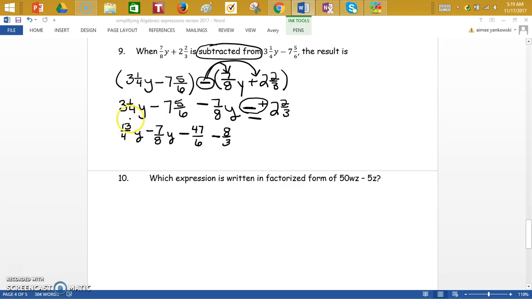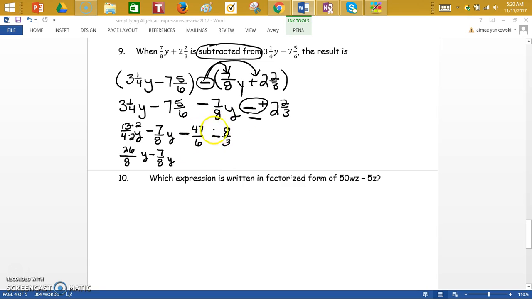So now in order to combine my y's, I have to find a common denominator, which means I'd multiply this 4 by 2 to make it an 8. I also have to multiply the 13 by 2. 13 times 2 is 26. So 26/8 y minus 7/8 y.